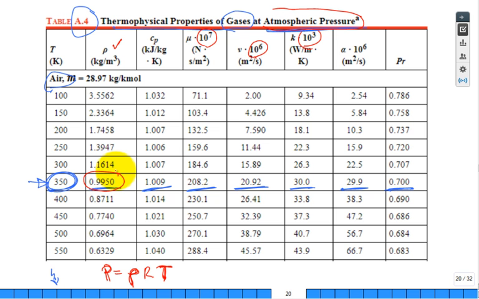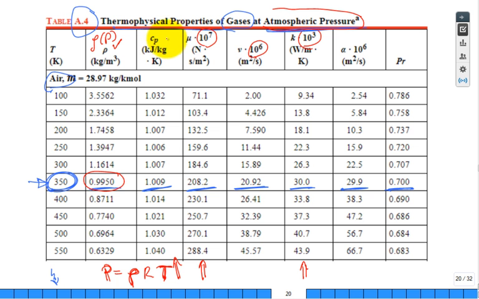But what did they say about the thermal conductivity, the mu, and the specific heat? Those are not functions of pressure. They are negligible functions of pressure. Only extreme pressures would they really kick in. Okay, so density is a function of pressure.